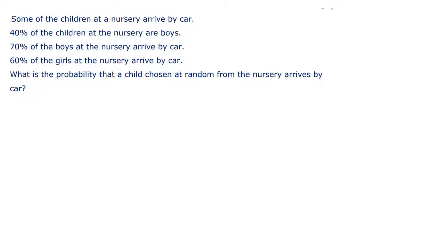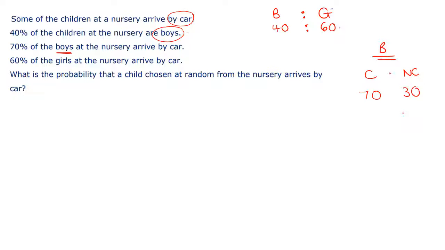So this question's got basically 4 categories. We've got that they arrive by car or they don't, and we've got boys and girls. So 40% of them are boys, so I'm just going to write it down a bit like a ratio. So I've got 40% are boys, so 60% are girls, and out of the boys I've got 70% of them that arrive by car, which means that we've got 30% of them that don't arrive by car.